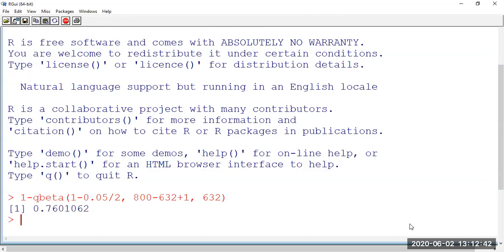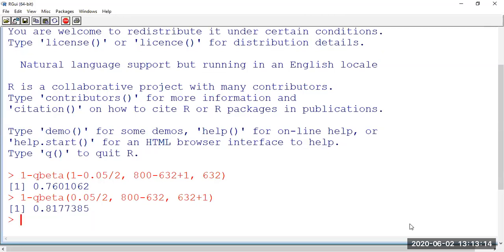So this is the information for the lower limit. Now the information for the upper limit is going to be 1 minus q beta, and then we're going to have 0.05 over 2 comma 800 minus 632 comma 632 plus 1. So that's the upper limit.